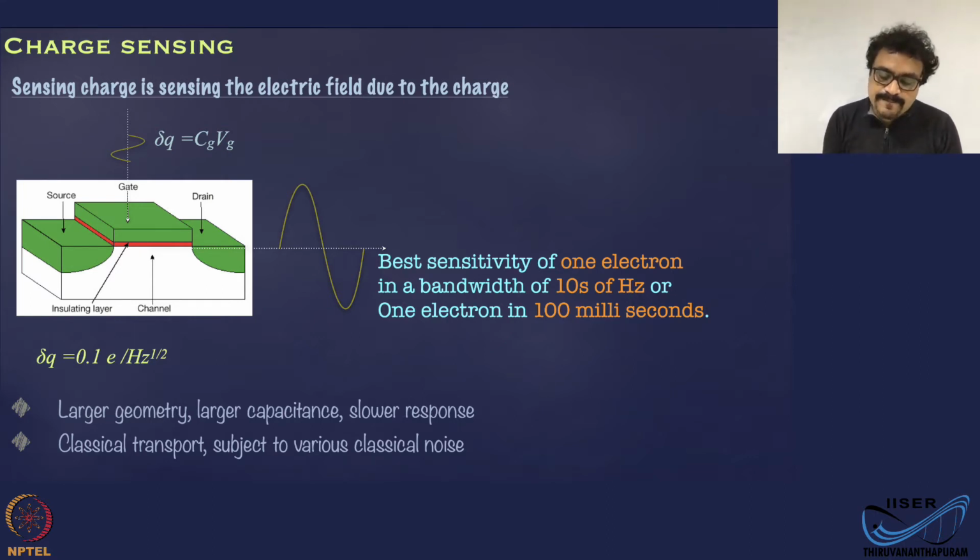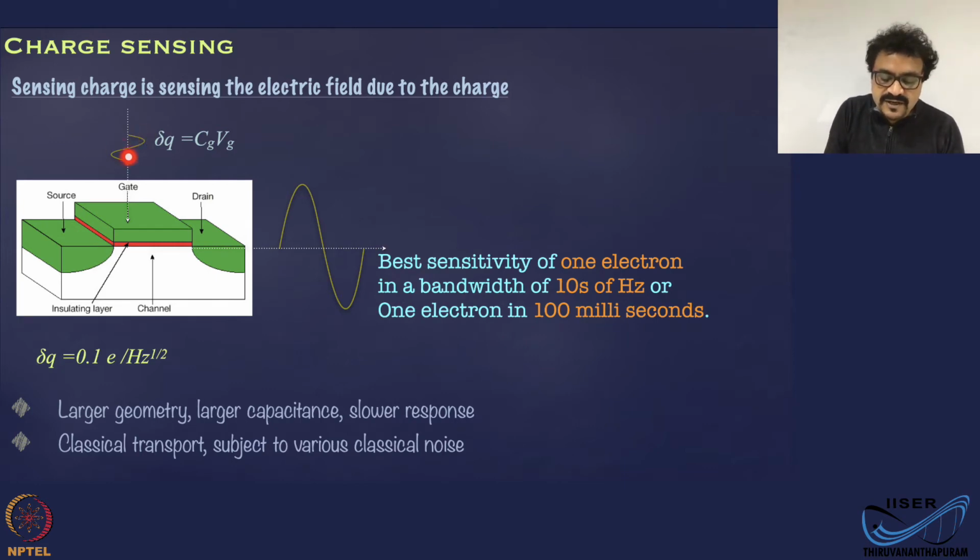So let us look at the classical charge sensing amplifiers that we encounter. They are basically field effect devices with this configuration, which we have discussed in the introductory session. So the current through this system is a function of the gate voltage. To change the gate voltage, you are actually changing the gate charge. So whenever you change a small amount of gate charge, that is going to be reflected as a change in the current through the system.